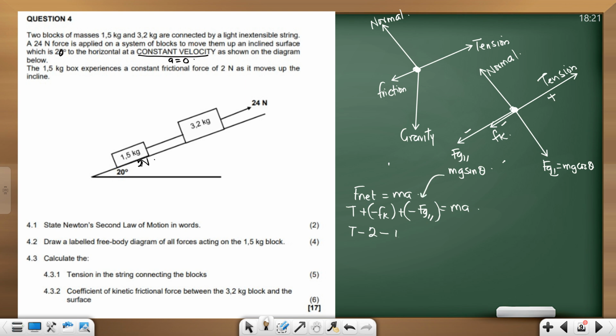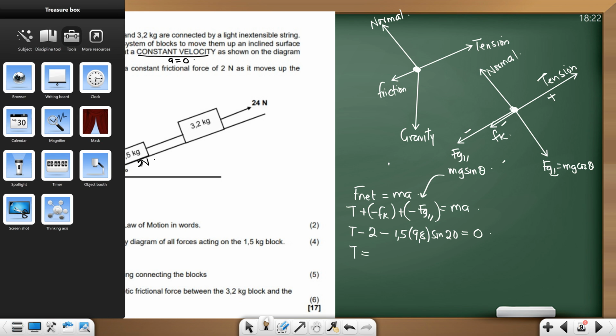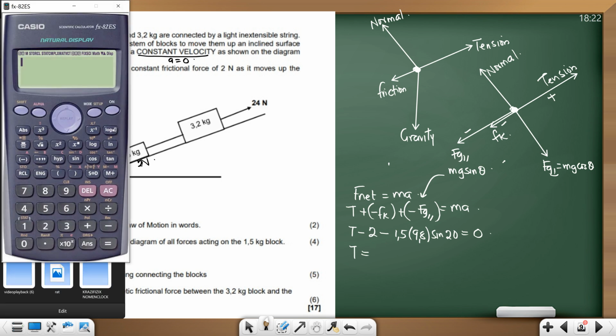I can just throw in my mg sine theta there. What is the mass? 1,5, 9,8. We're working with the diagram, sine 20. This is equal to 0. I hope you understand why it's equal to 0. Acceleration is 0 at constant velocity. So what do I have?